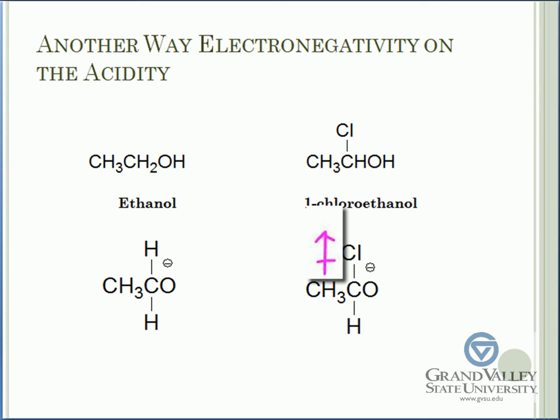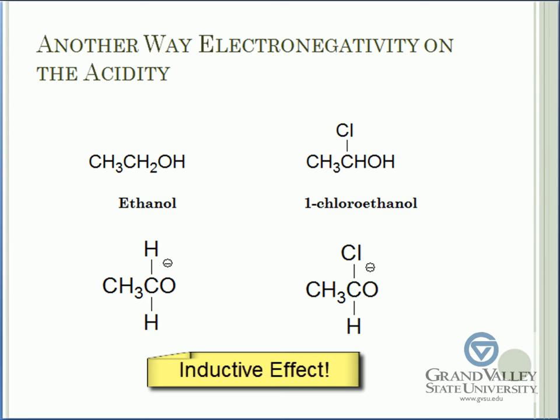This will help pull electrons away from the negative oxygen. This will help stabilize the anion, making the 1-chloroethanol the stronger acid. This pull of electrons through single covalent bonds by a nearby electronegative atom is called the inductive effect.